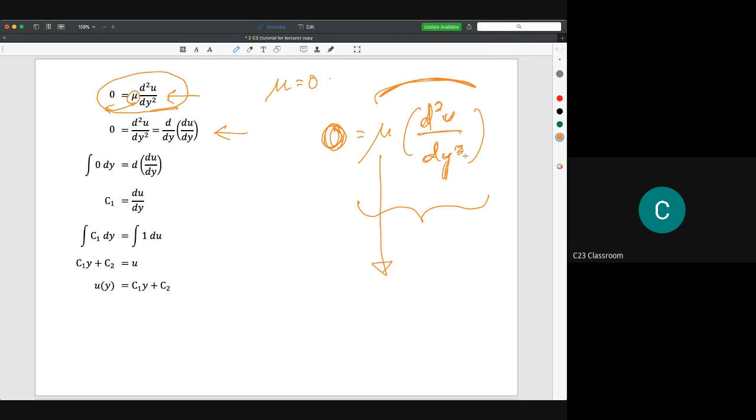Okay, so in mathematics maybe we could say that the mu here brings to the left hand side and equals 0, but in terms of physical meaning, you must know that mu cannot be 0. The only way to make sure that these multiplied terms can be 0 is by having d squared u over dy squared equal to 0. So that's why we do this at this stage.